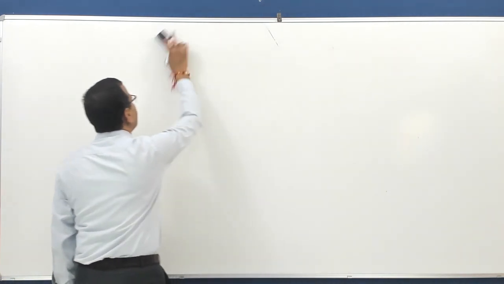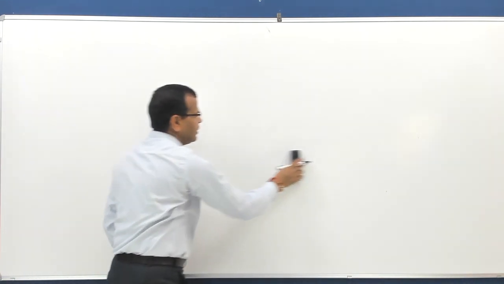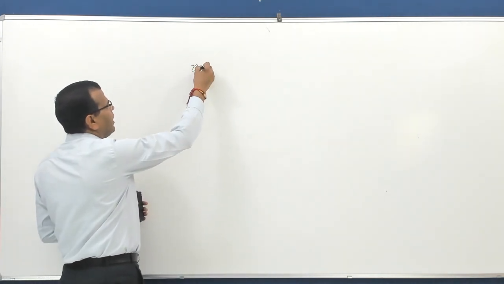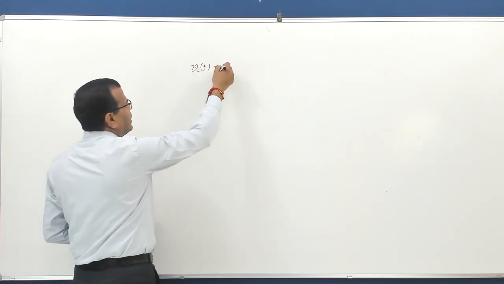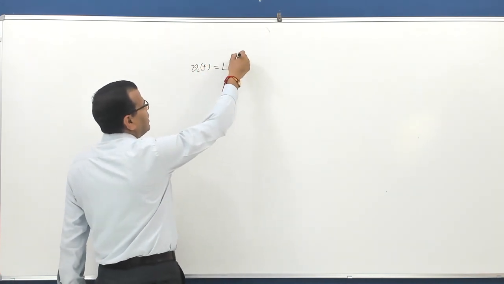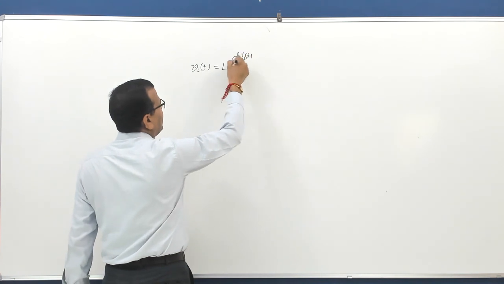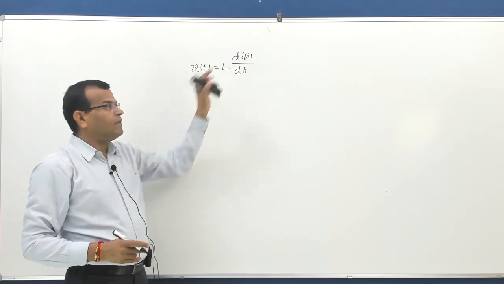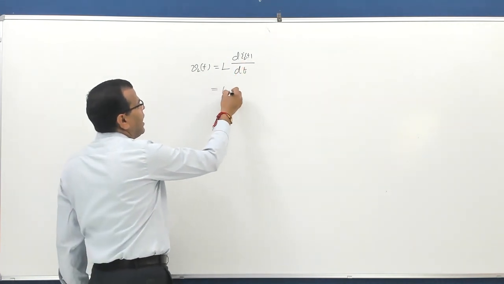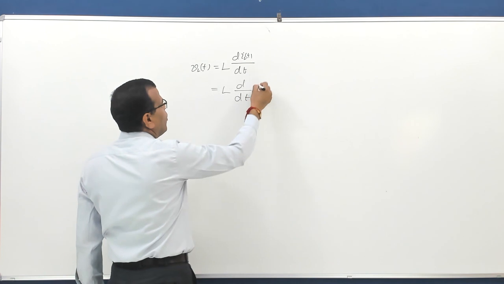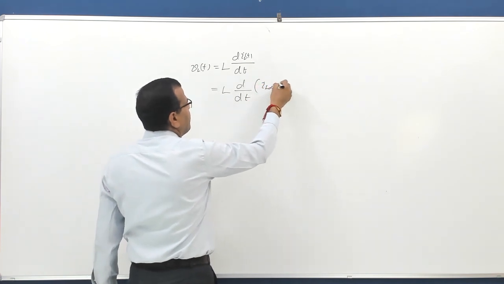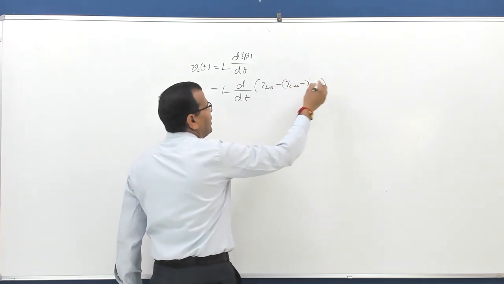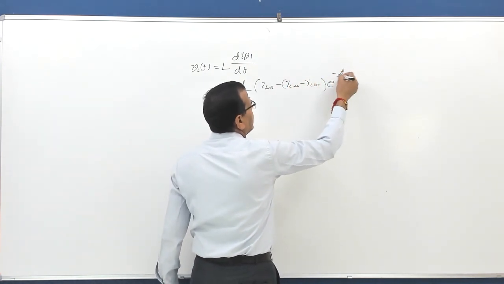So the voltage across the inductor for t greater than 0 is determined by one simple relationship. VL(t), you know that voltage across an inductor is nothing but L times d IL(t) by dt. And you know the expression of IL(t), so that is L d by dt of IL infinity minus IL infinity minus IL 0 plus, into e raised to power minus t by tau.